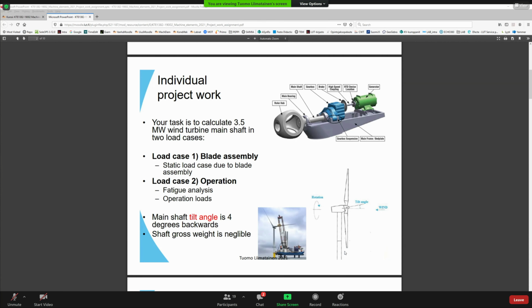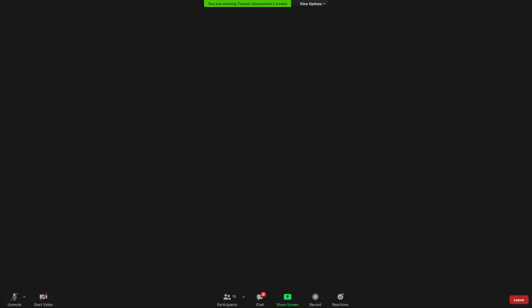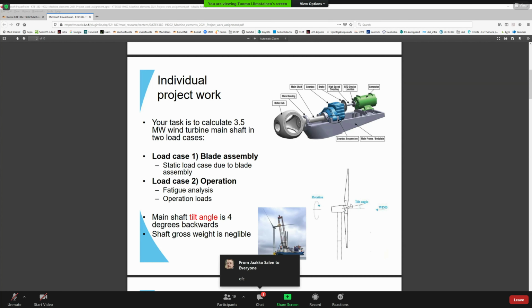It bends several meters, if you measure it from the tip. So this shaft tilt has been done to prevent the tip from hitting the tower, even though there would be bending of the blade.